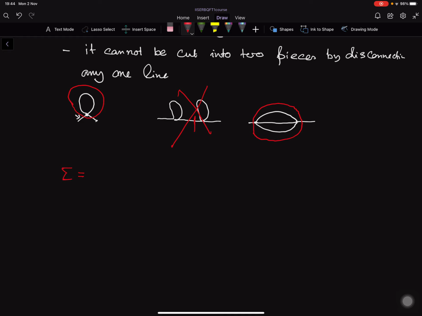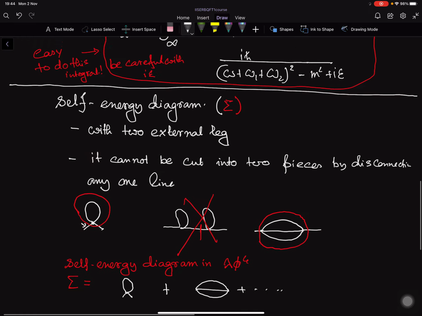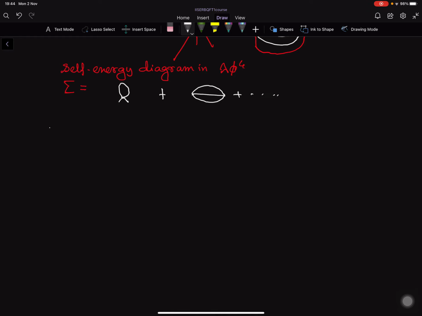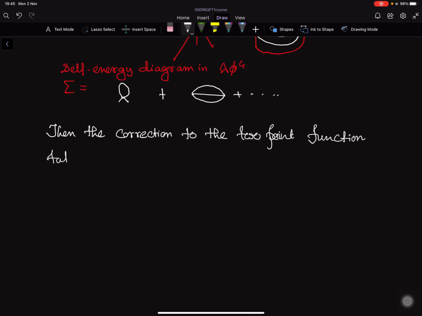So for example, a self energy diagram in lambda phi 4 theory is something like this, and then this, and then you can see that the correction to the 2-point function takes the following form.